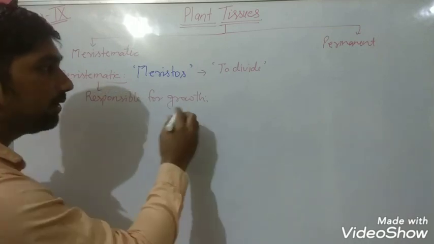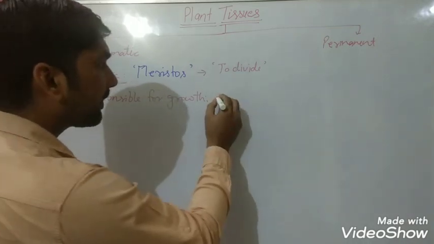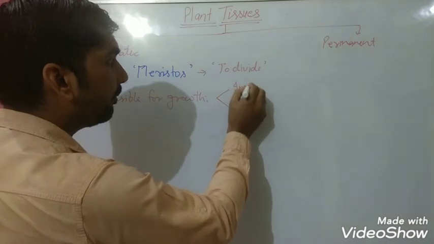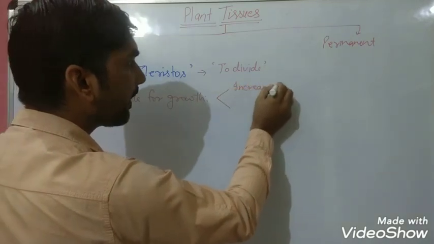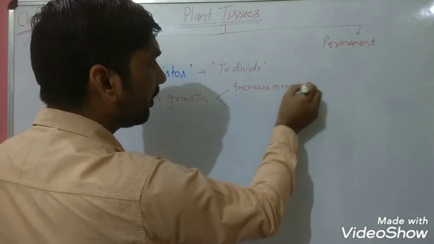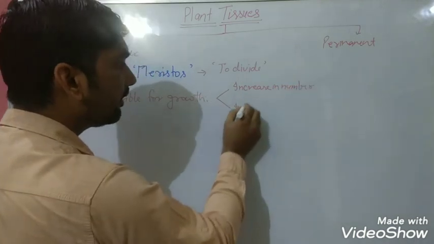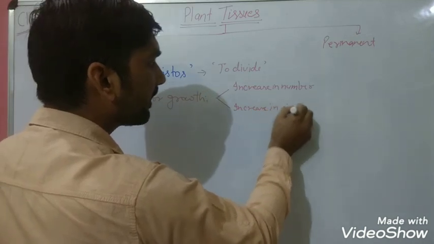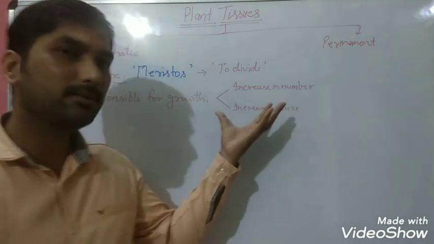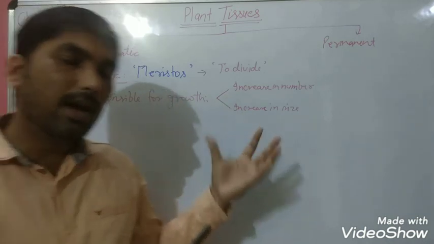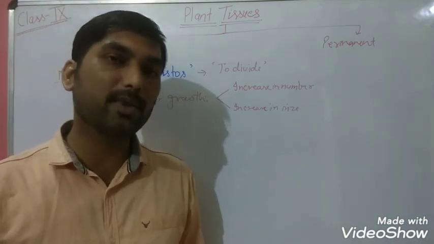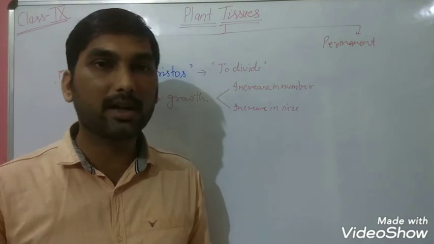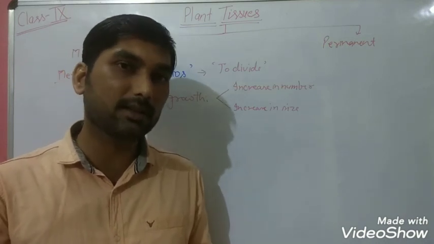As you know, growth may be in two ways, whether an increase in number or an increase in size. You know from your previous class that all multicellular organisms are derived from a single cell.